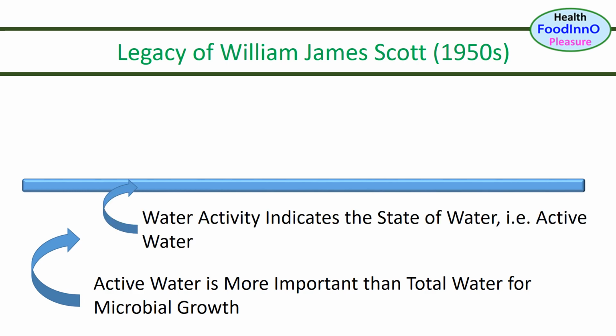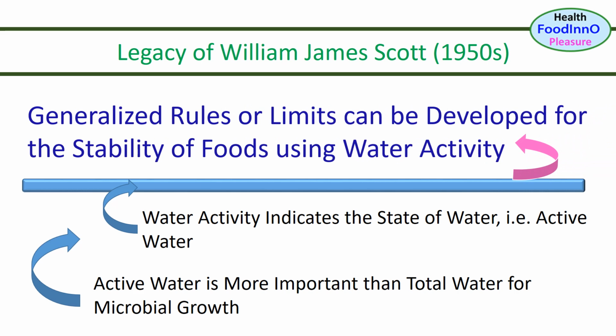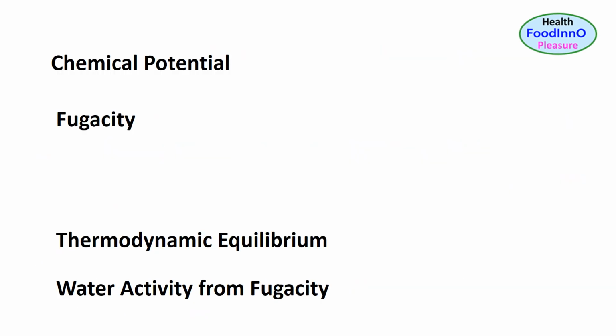Therefore, generalized rules or limits could be developed for the determination of microbial stability of foods using water activity. For example, no microbial growth can be observed below a water activity of 0.60. The details of the generic rules will be presented in one of the next videos.